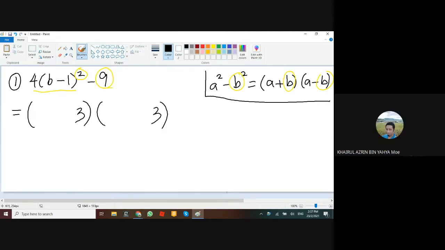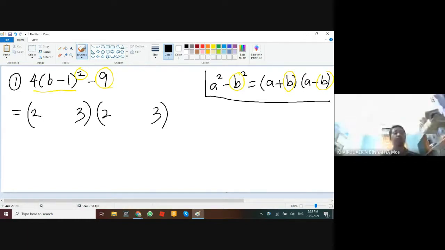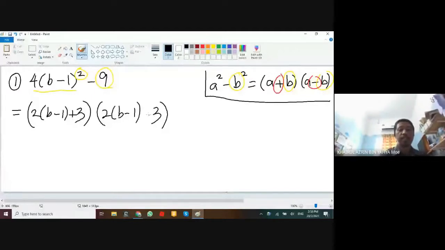And then 4 is 2, 2. 2 times 2 is 4. B minus 1 square, we can write like this: B minus 1, B minus 1. Okay, and don't forget this one, we have plus minus. So we can write here plus minus.